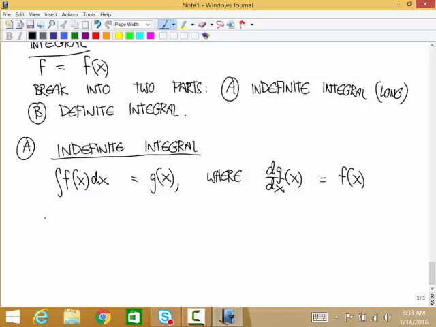So, for example, if you take the integral of x squared plus 2x dx, that's equal to x cubed over 3 plus x squared plus some arbitrary constant c. This can be anything.